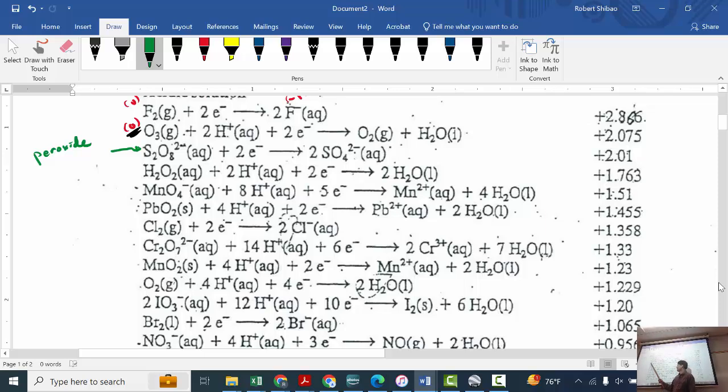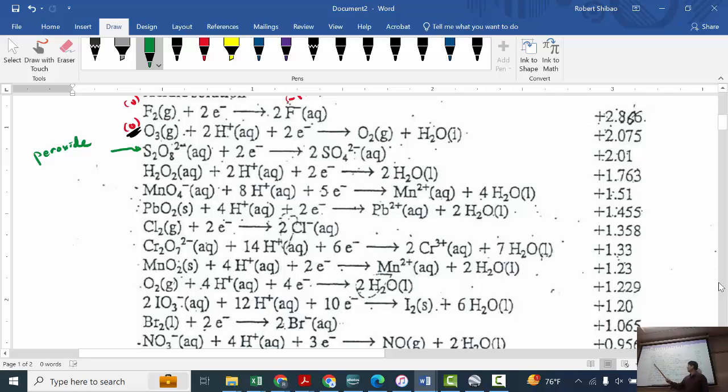Permanganate wants electrons because of manganese. What's the oxidation state of manganese in permanganate? +7. +7 is very electron poor. And so permanganate wants electrons.